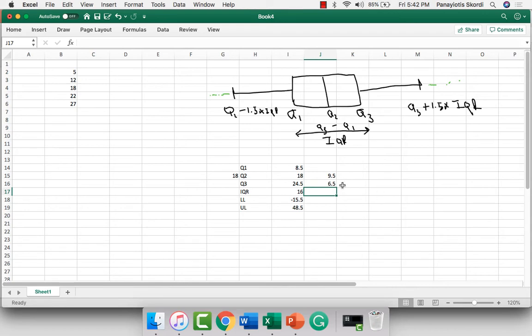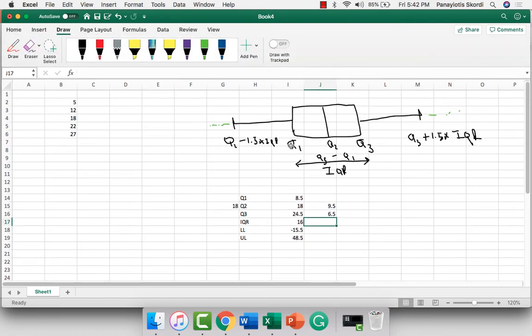Let's do the box plot again. I think it'd be clearer to do it over here. The box plot is here. So we just do the box part. So I've just brought this down to here. The Q1 is 8.5. The Q3 is 24.5.